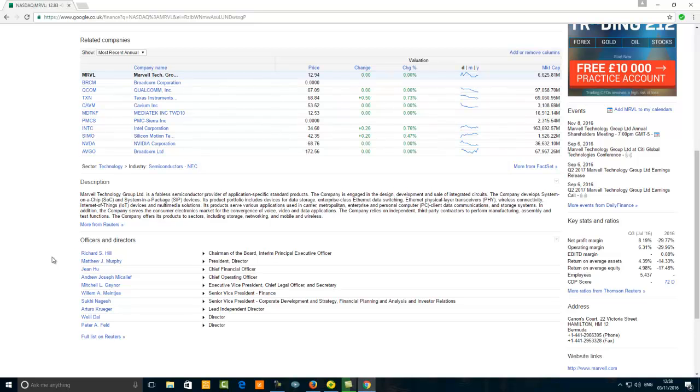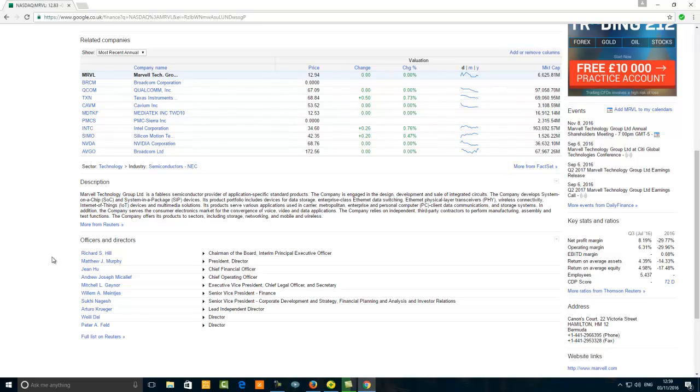This is something that is going on right now, and it is also in the future. Each product serves various applications used in carrier, metropolitan, enterprise, and personal computer client data communication and storage systems.